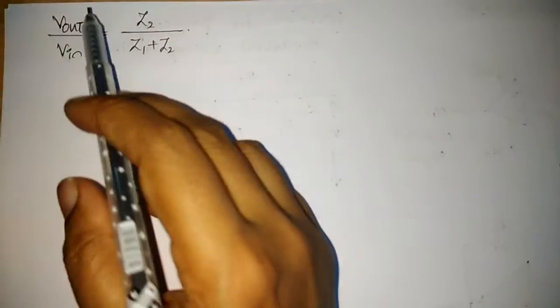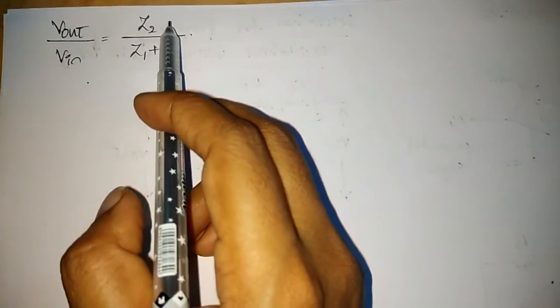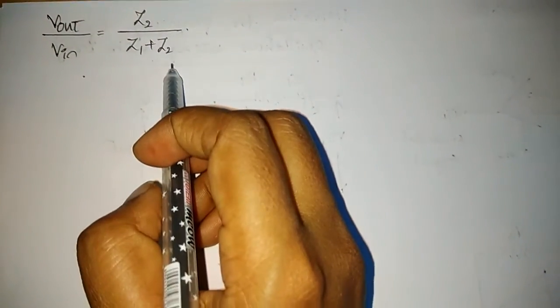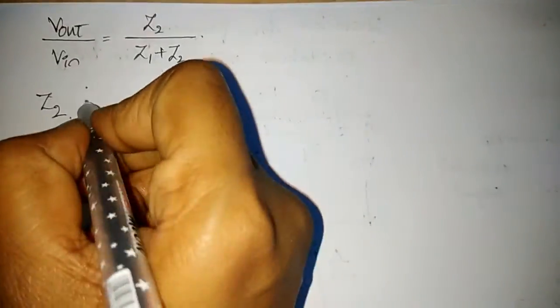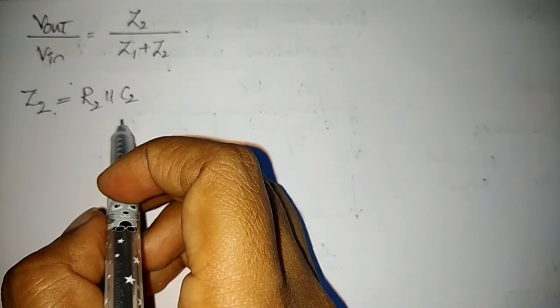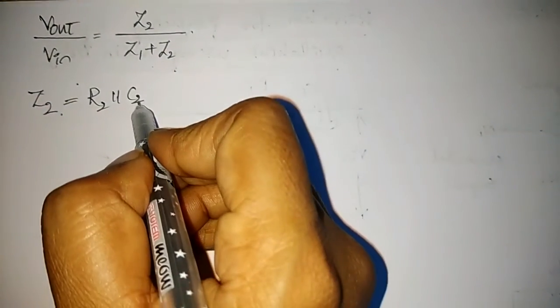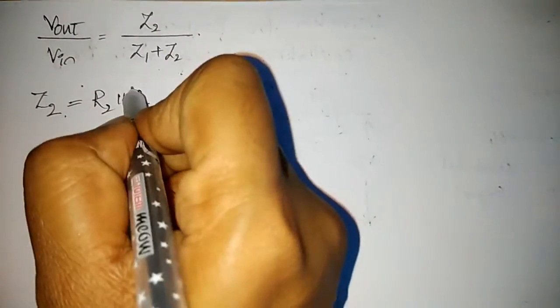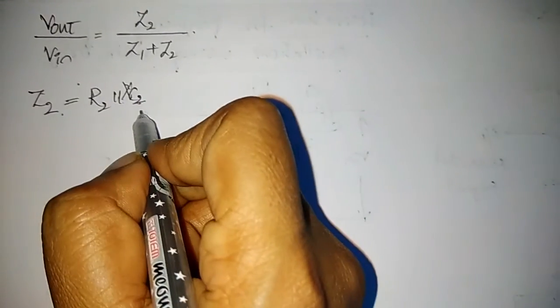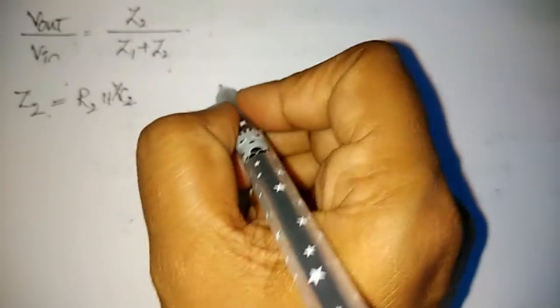So we have V out divided by V in is equal to Z2 by Z1 plus Z2. What is our Z2? Z2 is an RC network in which R2 is connected in parallel with C2. We will not take it as C2, we will take it as XC2, that is the reactance, since we are considering the impedance.